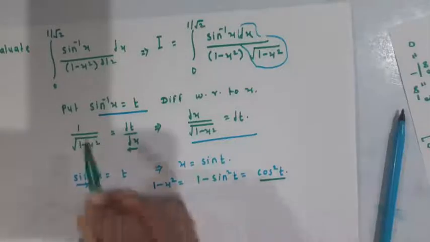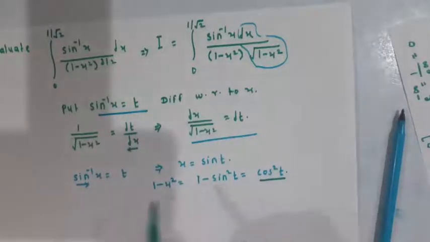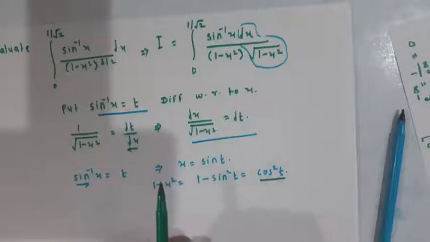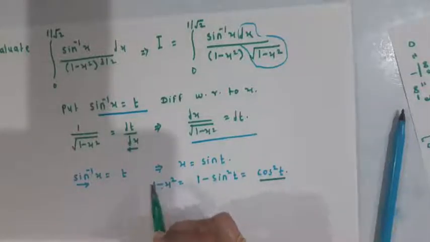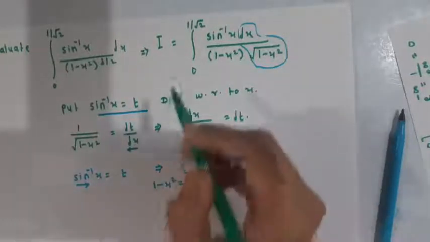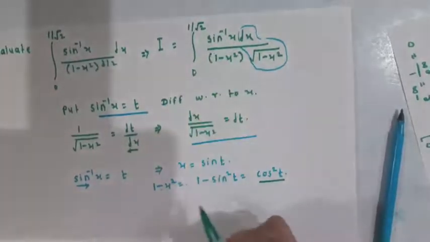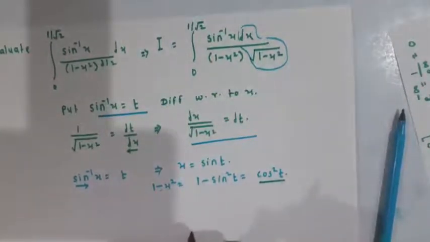Now here our substitution is completed, but not totally, because in case of definite integration, when we give a substitution, we have to change the limits of integration compulsorily according to the substitution.